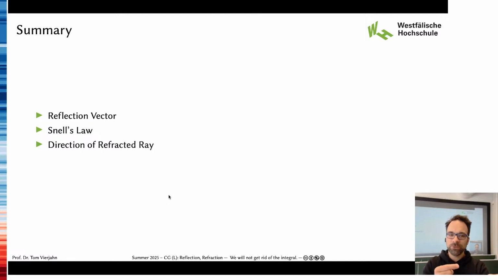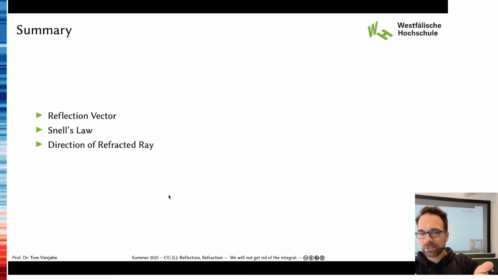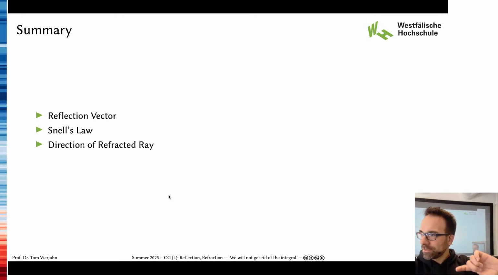But if you then shoot a reflection ray from outside the sphere into the scene, there's no problem at all. If you shoot the reflection ray from inside the sphere into the scene, you might end up immediately hitting the sphere again. So basically not showing you the scene, but showing you the inside of the sphere. And the same applies, just vice versa, to the transmission ray.